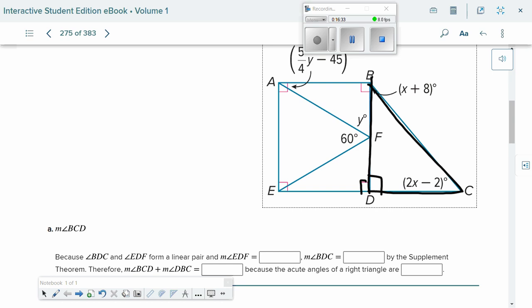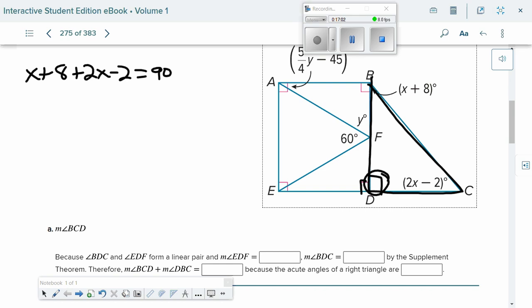So that means I could take the x plus 8 and the 2x minus 2, and I can now set it equal to 90 degrees. Because remember, a triangle's got to equal 180, but if this is already 90 of it, then by that corollary we just read, those other two have to add up to 90. Okay, so it just makes the numbers smaller. I could add 90 and set equal to 180, but I'm just being redundant if I do that.